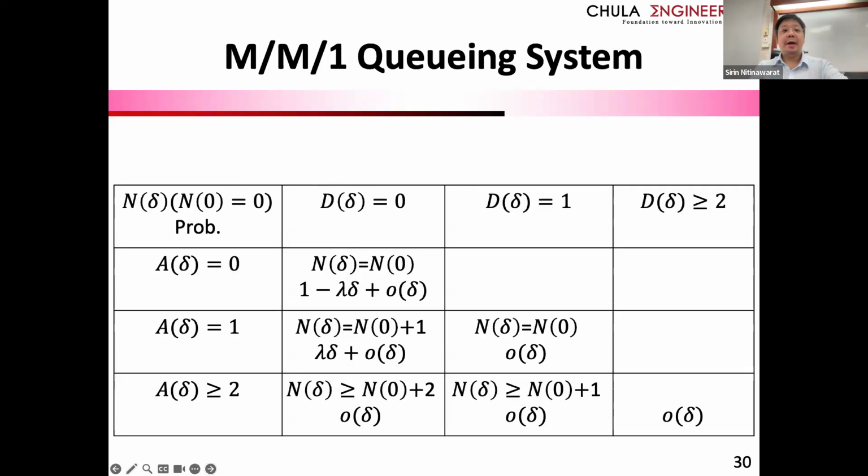This happens with probability close to 1, less a linear term in delta. All the other events, namely the probability that the increment of the number of customers in the system is more than 1, would have sublinear probabilities. We can ignore all these events.